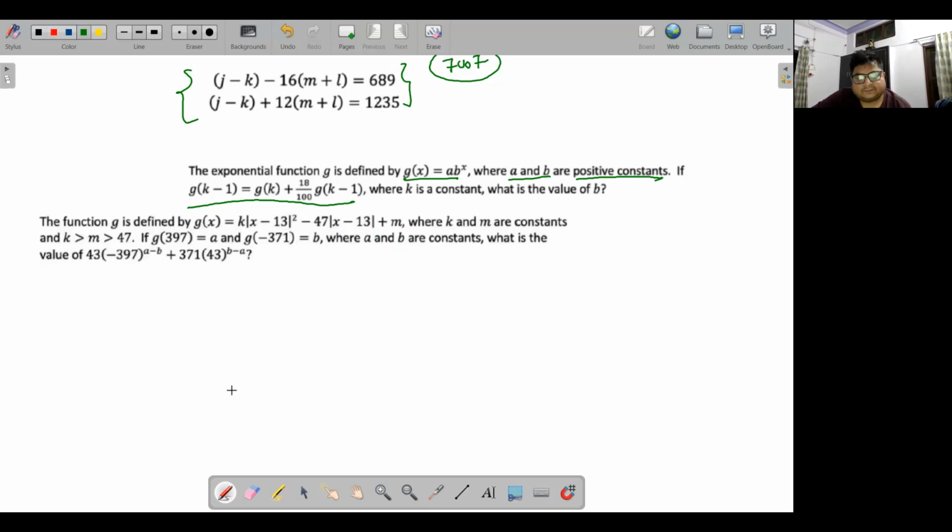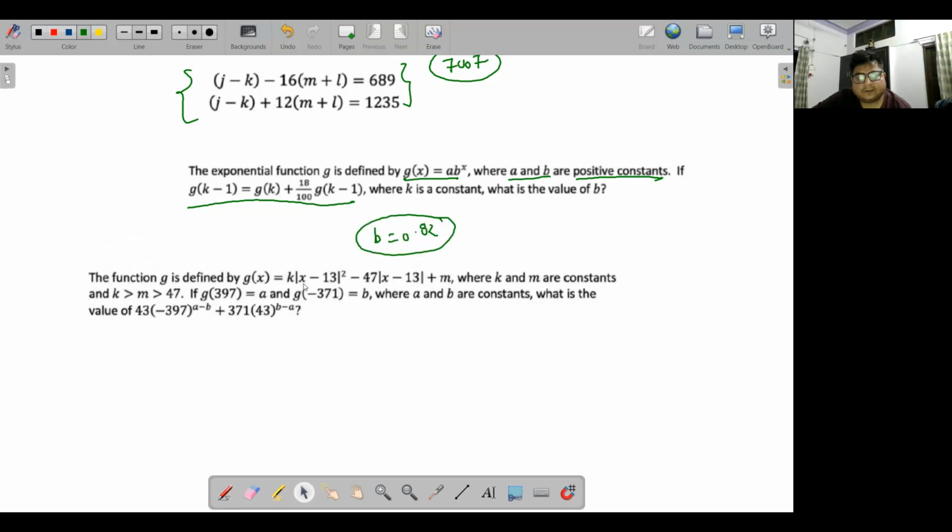Here is the next question. Student, please give it a try and let me know the answer for this.